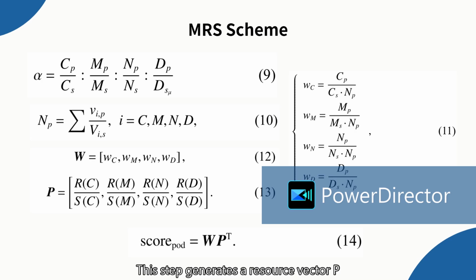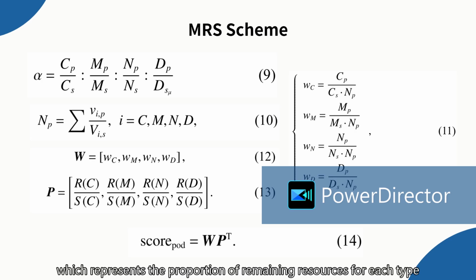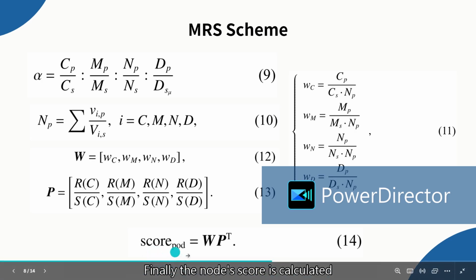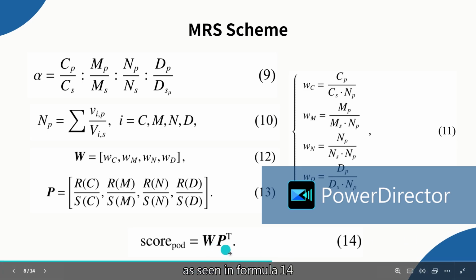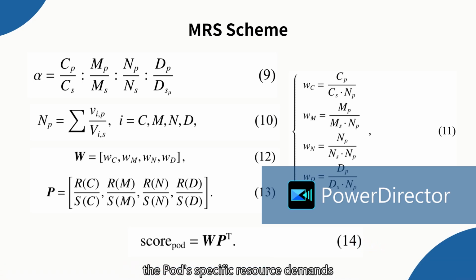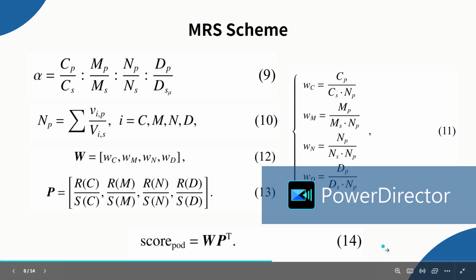In the node, this step generates a resource vector P, which represents the proportion of remaining resources for each type. Finally, the node score is calculated using the dot product of the weight vector W and the resource vector P, as seen in Formula 14. This score indicates how well the node meets the pod-specific resource demands.